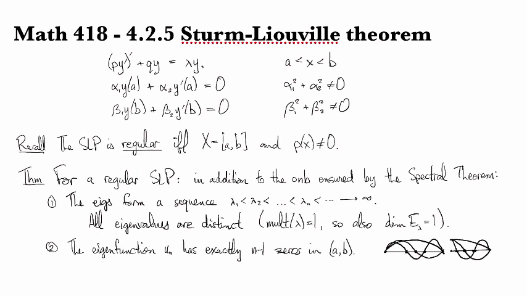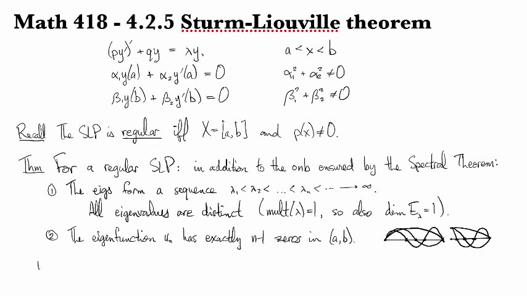So I'm not going to prove this whole thing, but I will do a little proof of the fact that the multiplicity of a given, oh, sorry, that's the wrong one to write. I want to show that the dimension of the eigenspace is equal to 1.